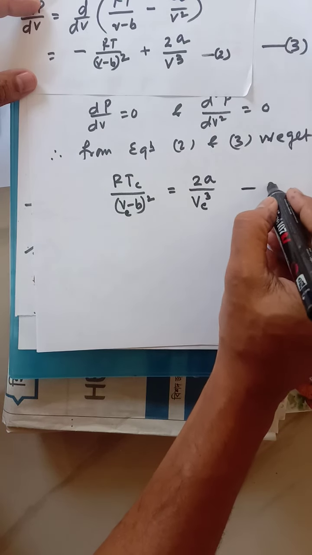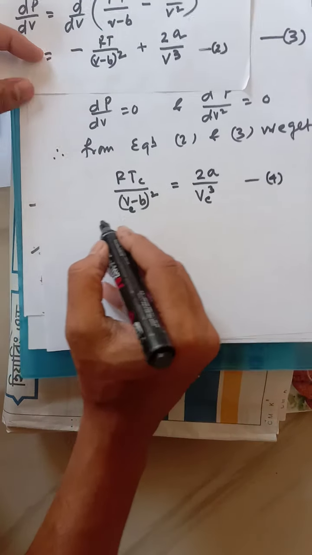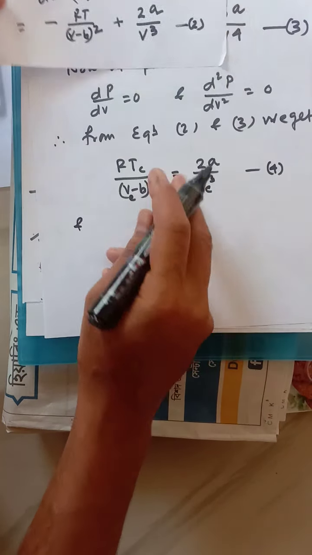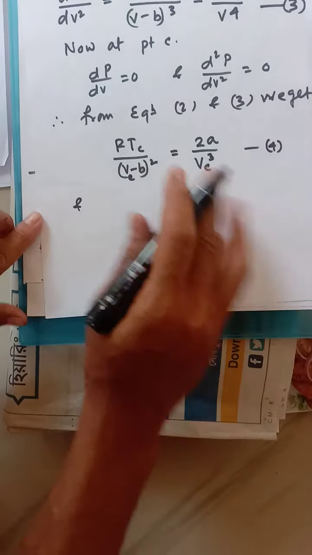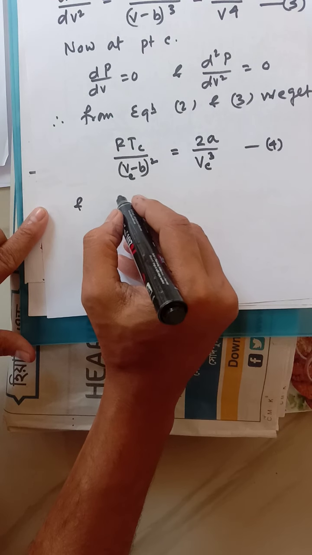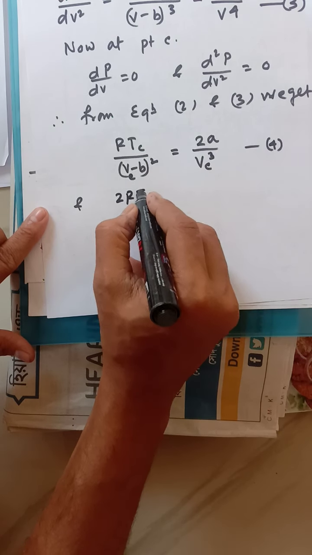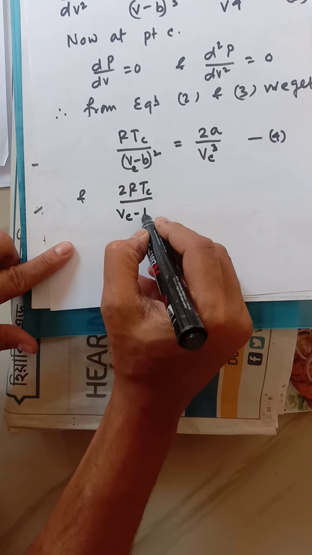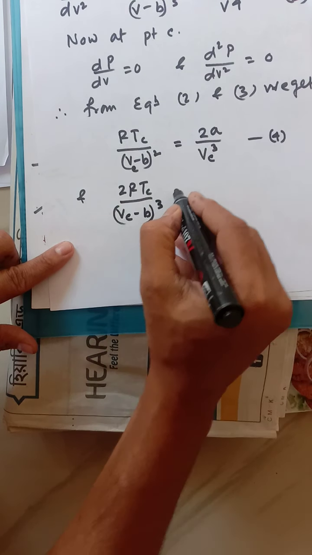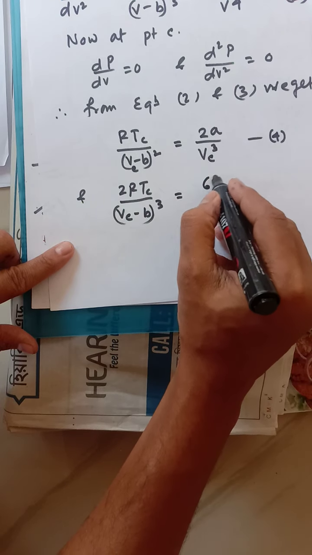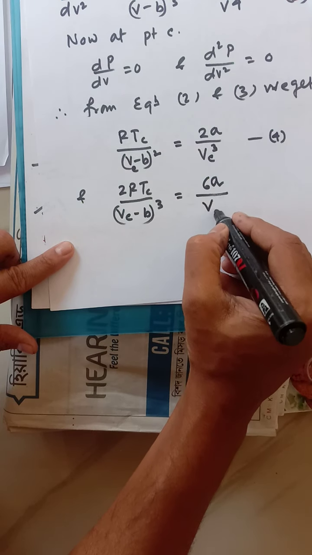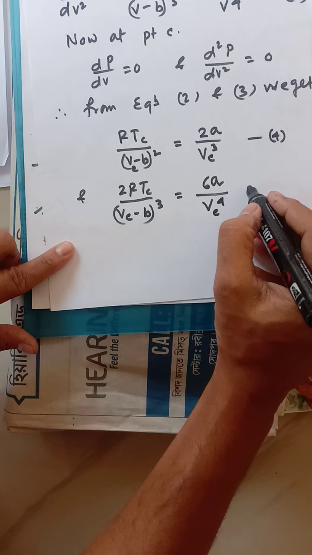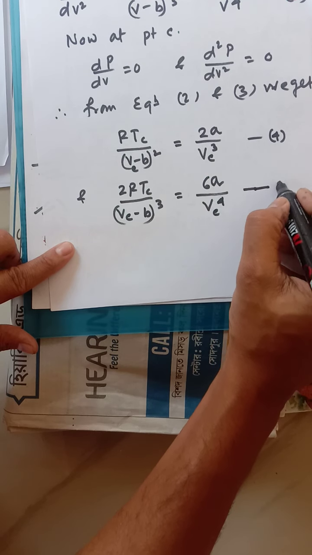Let me consider this equation number 4, and from the second one, that is equation number 3, we are getting RTC/(VC minus B) whole cube equal to 3A/VC to the power 4. It becomes equation number 5.